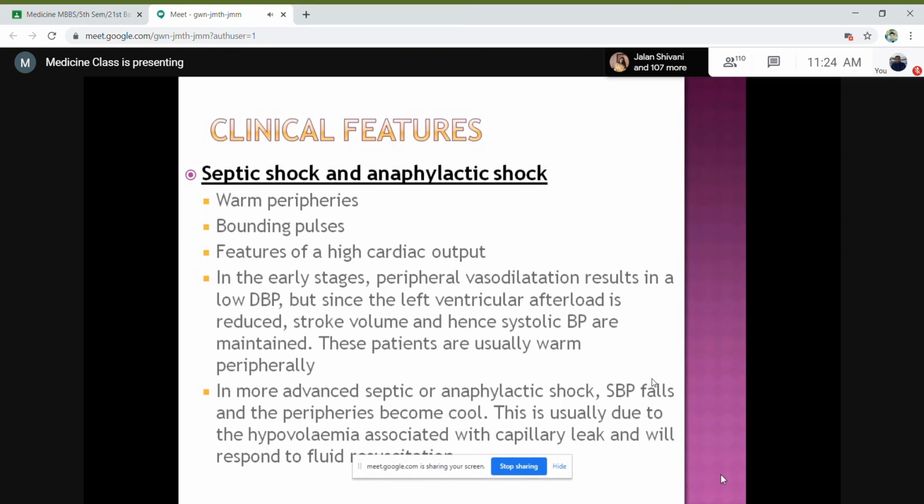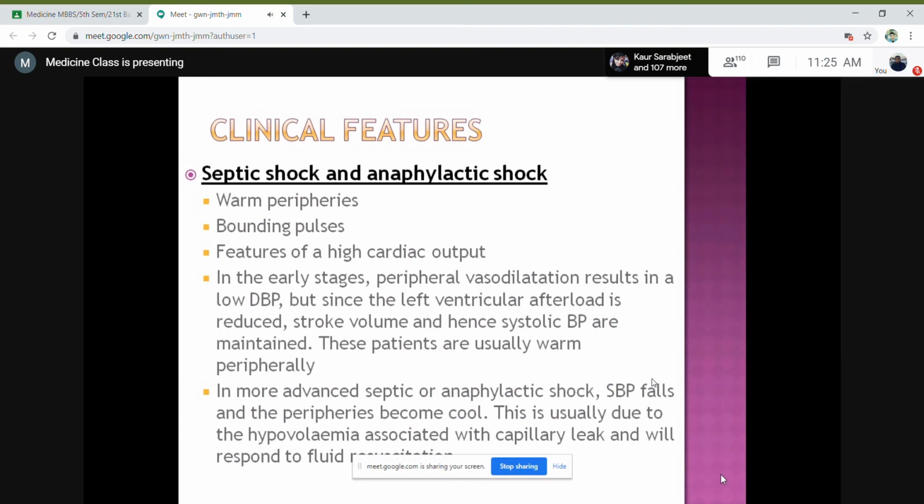And in more advanced septic or anaphylactic shock, systolic blood pressure falls and peripheries become cool. So initially it will be warm peripheries, but afterward it may be cold. It is usually because of hypovolemia associated with capillary leakage, and this will respond to fluid resuscitation.